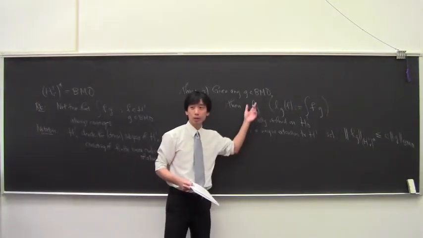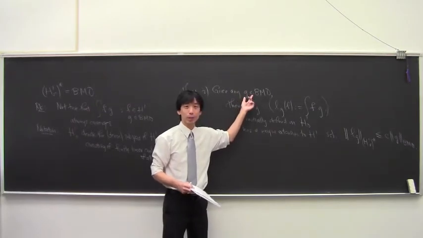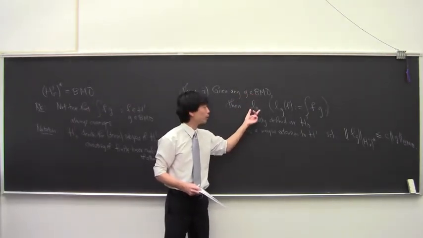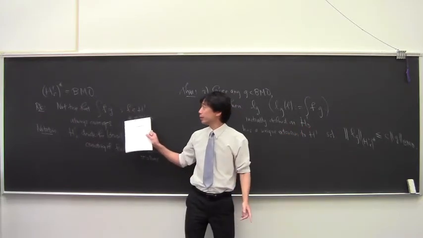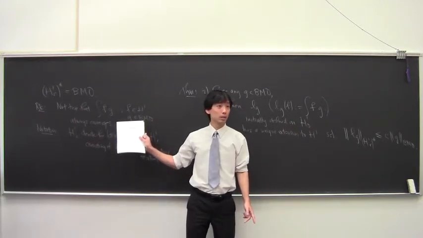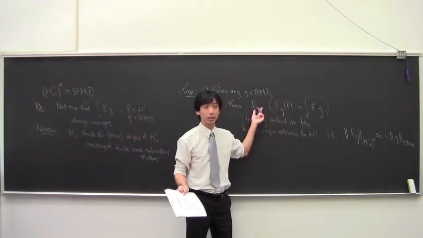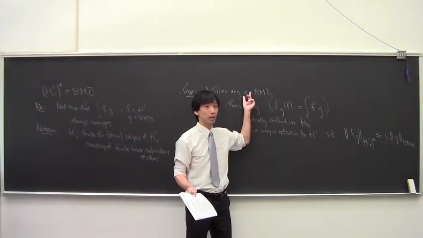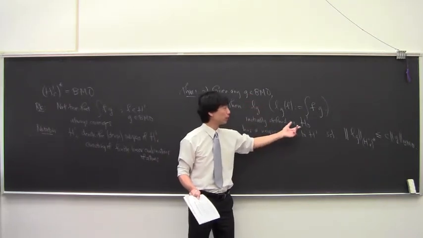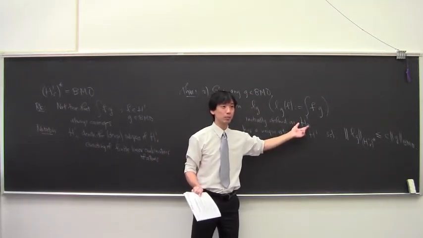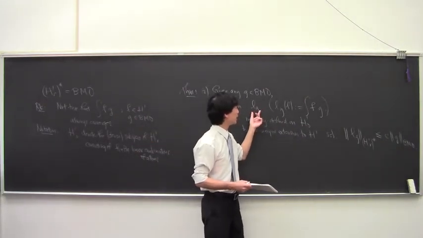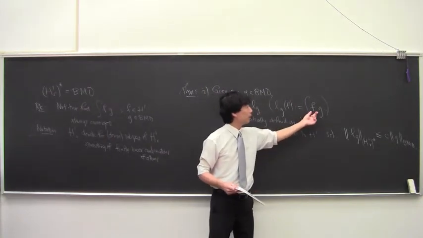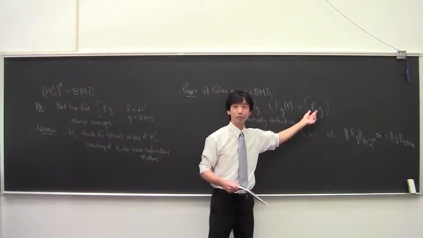So what is true is that you can start off with a BMO function, and then you create a linear functional on H10, a dense subspace. This works for any function in BMO, because the integral is always going to converge if you're integrating this BMO function against a compactly supported bounded function.